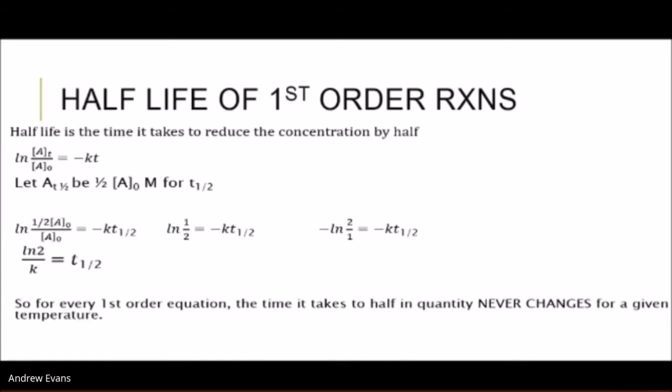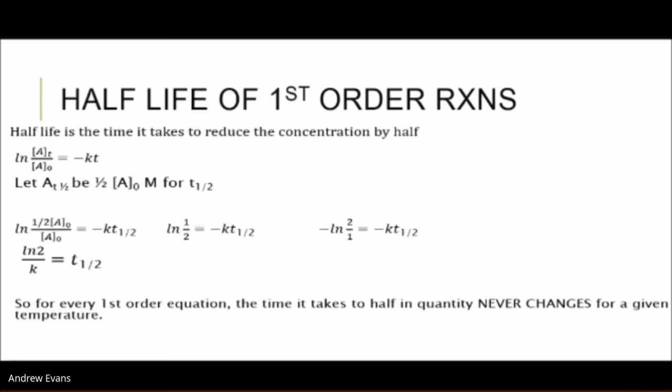So specifically, we define T1/2 as the point where the initial concentration has been reduced by half. You can set up the equation as we see here. That ln of 1/2 a sub 0 over a sub 0, something special happens. That 1/2 stays, and that a sub 0 over a sub 0 cancels out. And you get natural log of 1/2. By making that negative on the other side, you can flip that around and get ln 2 equals k T1/2.